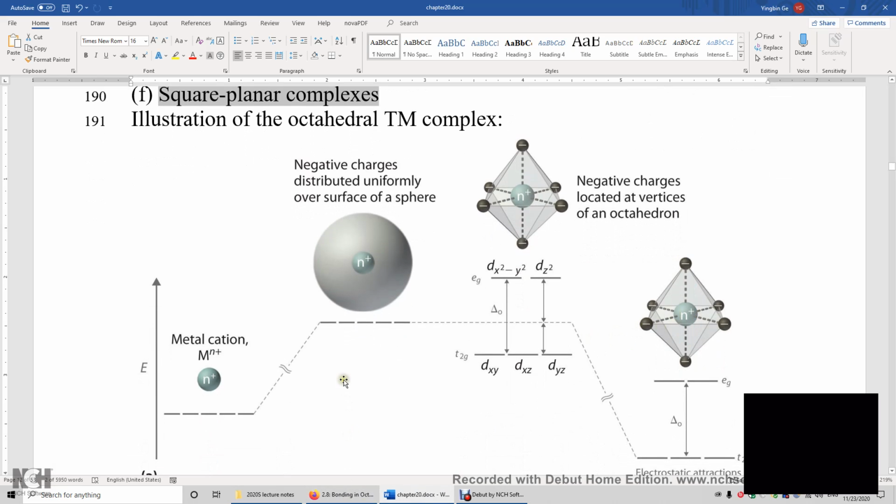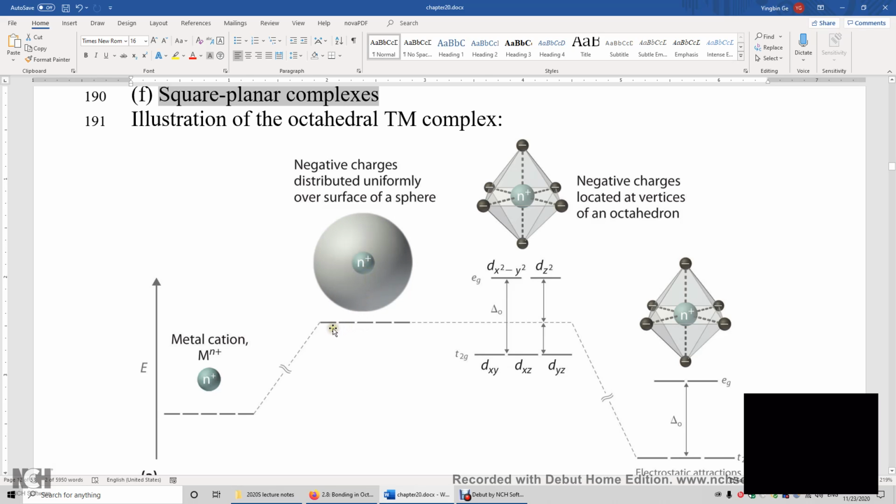So now let's look at this comprehensive illustration. I got it from libretexts.org. This is just a transition metal cation with 5 degenerate d orbitals. And now we put a spherical shell of negative charges surrounding this transition metal.